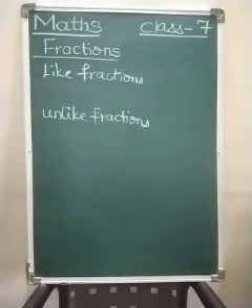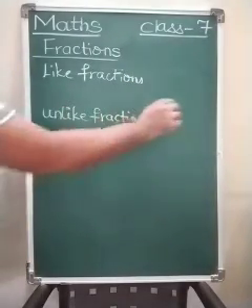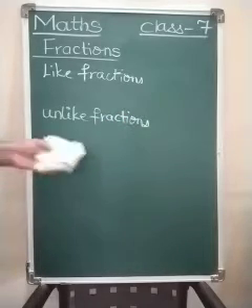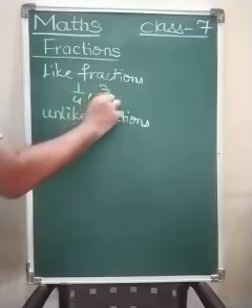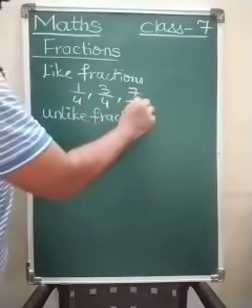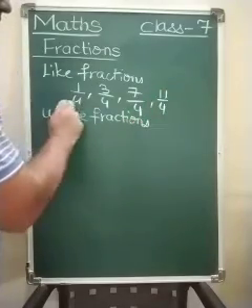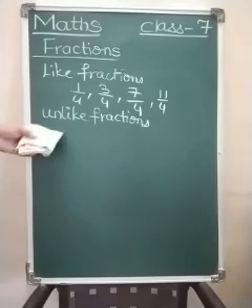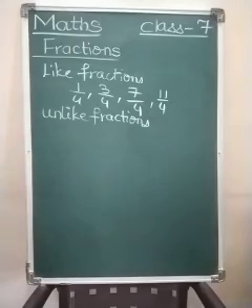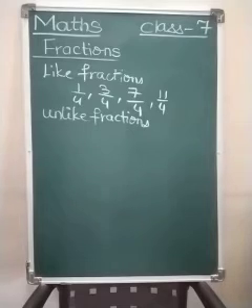Like fractions means if all the denominators are the same, then we call them like fractions. For example, 1 upon 4, 3 upon 4, 7 upon 4, say 11 upon 4. All the denominators are equal, so these are called like fractions. Unlike fractions, denominators are not equal. Let the numerator be anything. If denominators are not equal, then these are called unlike fractions.